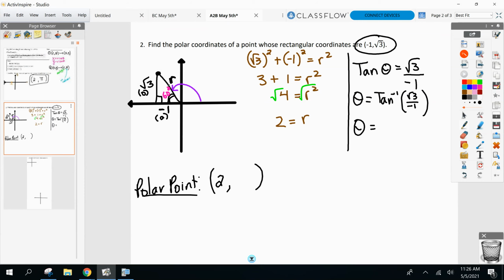And remember, when you tell me this angle, it better be located in quadrant 2, so between 90 and 180. So that angle was 60. So in quad 2, what would it be?